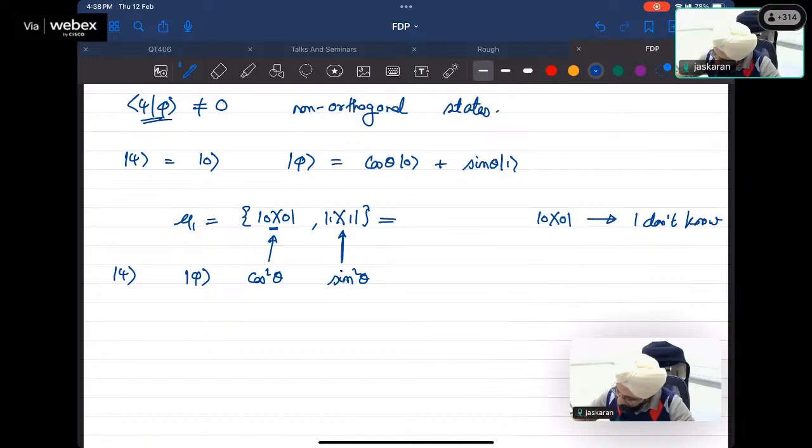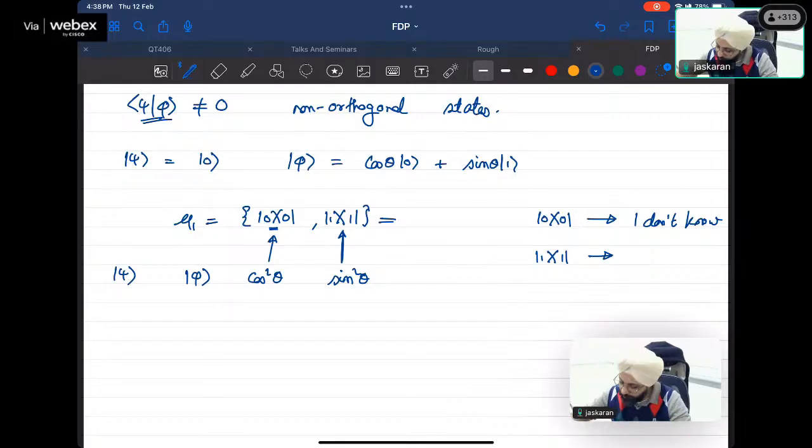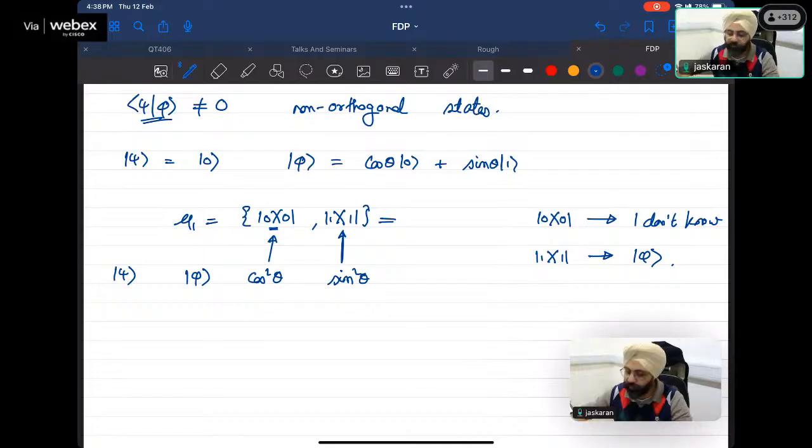But if I get the outcome corresponding to |1⟩, then I can definitely say that it came from |φ⟩, because |ψ⟩ will never give me the outcome 1. Only |φ⟩ will give me that particular outcome. So in this case only I can say that the state is |φ⟩.